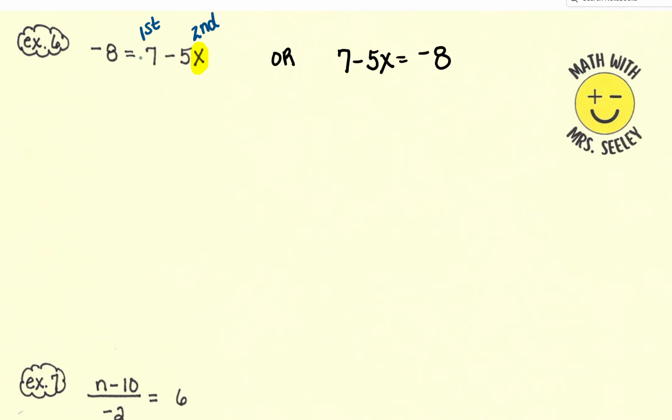Look right here in front of the 7. That's a positive. I don't see a negative, so therefore I know it's a positive. So in order to get rid of that plus 7, I'm going to subtract 7. And we got to do it to both sides. You got to be fair. So the plus and minus 7 cancel. Negative 8 and negative 7, if you put those together, you have negative 15.